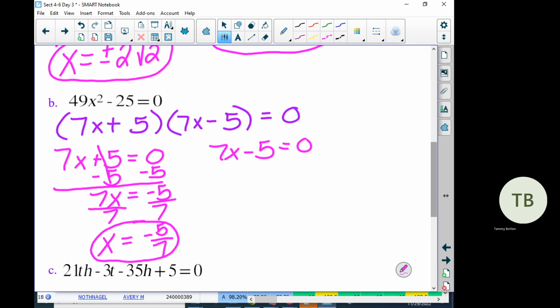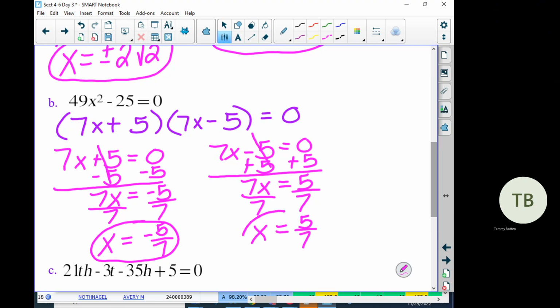That's an answer. Here, you'd add 5, and you would get 7x equals 5, divide by 7, and x equals 5/7.